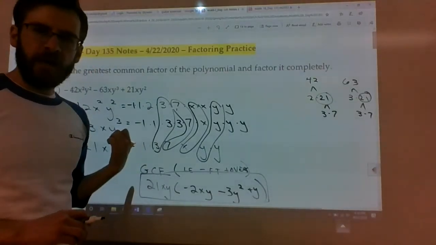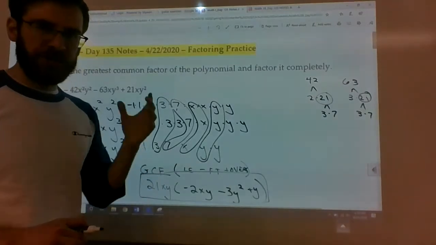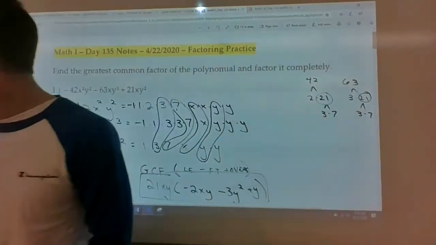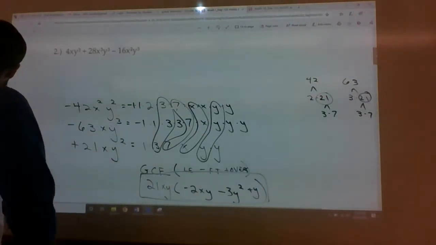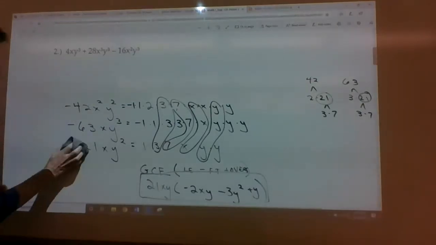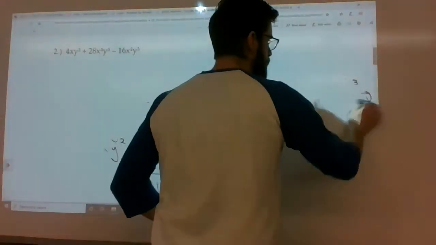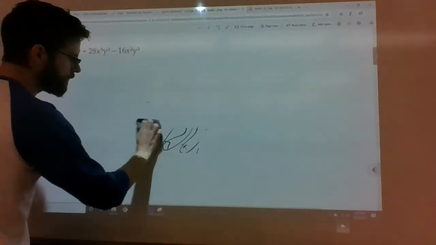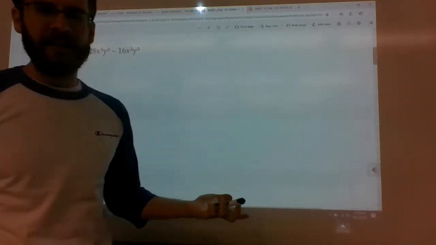That's not the only way in which we could determine the GCF, though. I showed you guys a shortcut, which I'm going to review here on number 2. So in number 2, this is kind of just like the eyeball method.